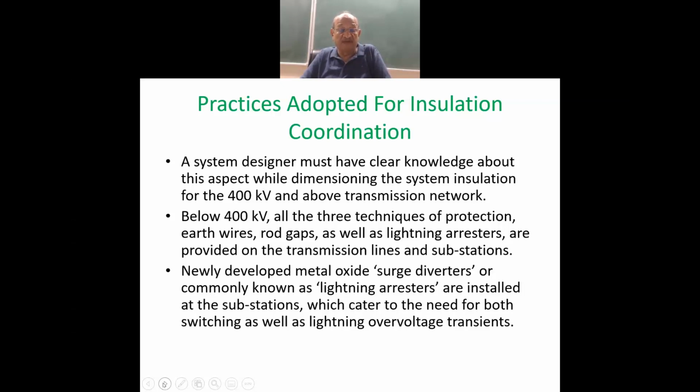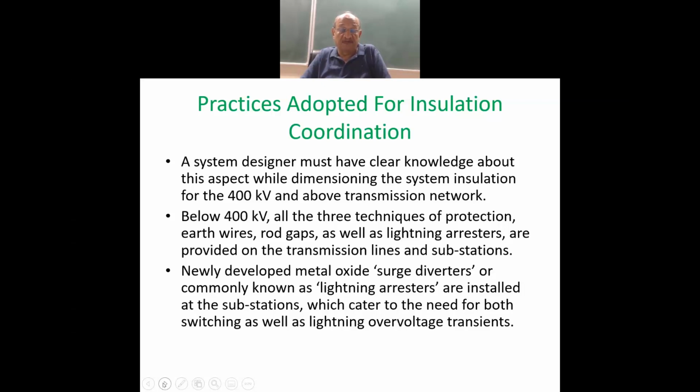Below 400 kV, as I've been mentioning again and again, all three techniques of protection, that is earth wires, rod gaps, as well as lightning arresters, are provided on the transmission lines and substations.